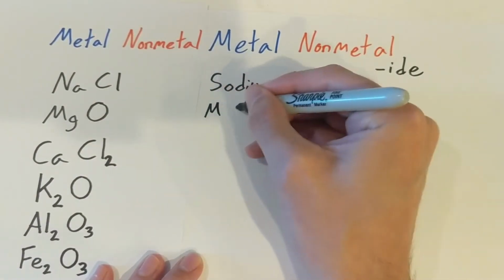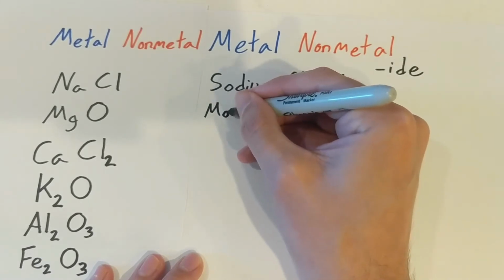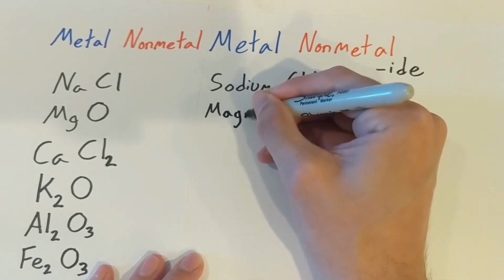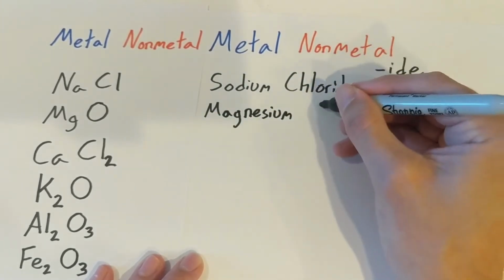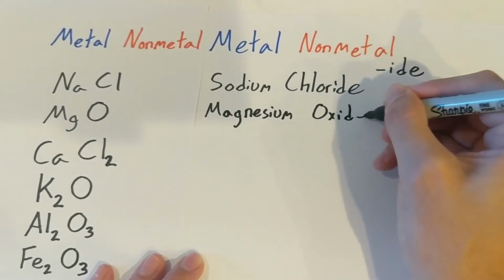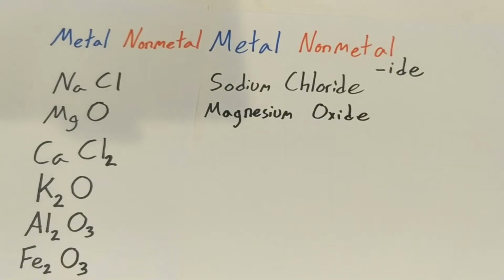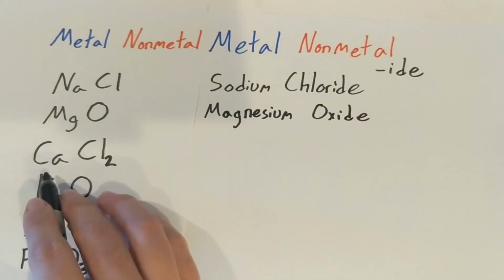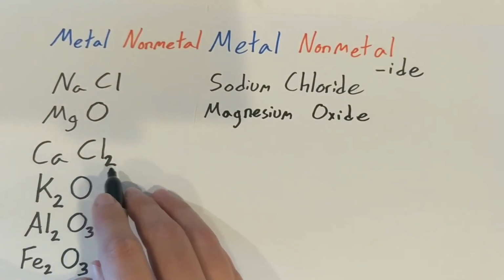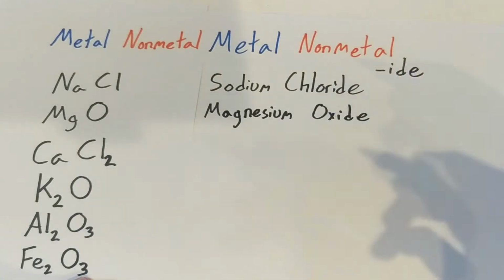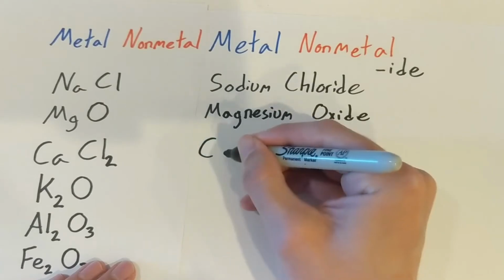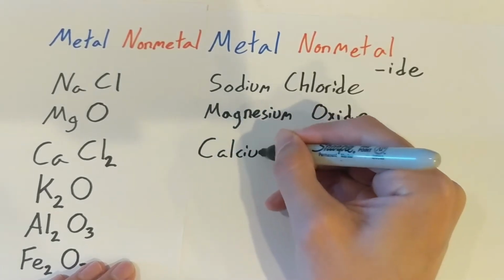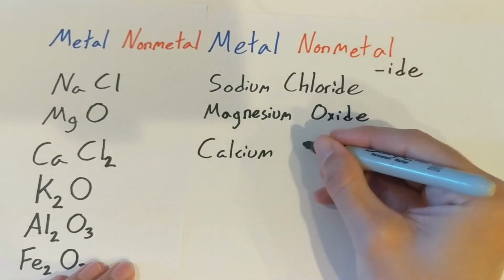Magnesium and oxygen would be magnesium, you see the metal doesn't change, oxide instead of oxygen. And for this one, calcium chloride with the 2 chlorides, you don't have to say chloride 2 in the name. So this would still be calcium chloride.